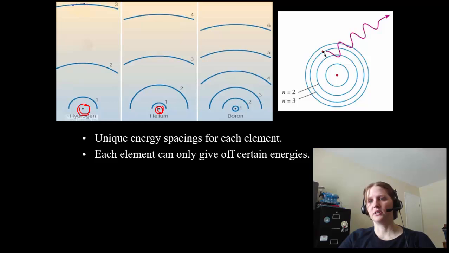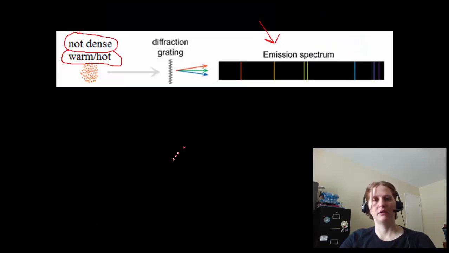So when the electron drops from 3 to 2, the electron lost energy, and the energy has to go somewhere, so it goes into light. So when electrons drop down in energy, they give off light. And that's the emission spectra. That's an electron dropping down, giving off light.